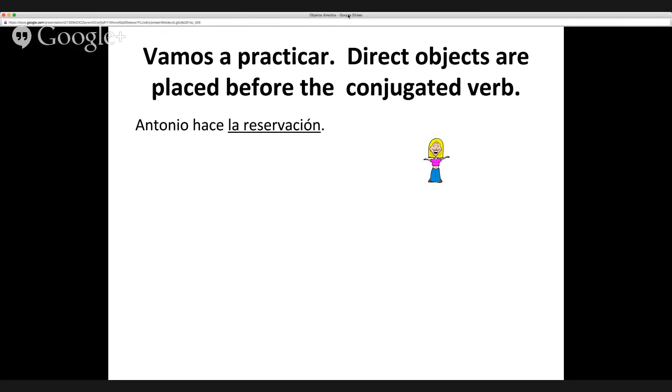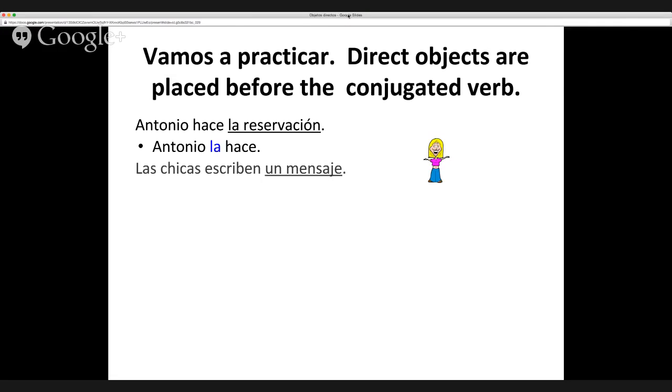Well, if you look back to your list, me, te, lo, la, nos, os, los, las. La is the logical substitution for la reservación. Stick it before the verb and you get Antonio la hace. He makes it. And the it is referring to la reservación.